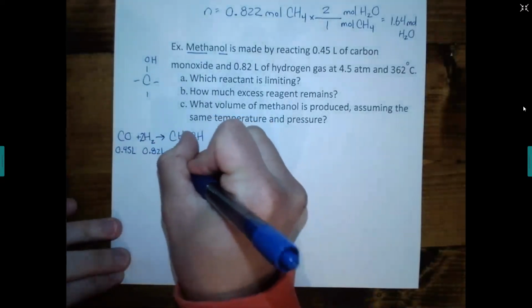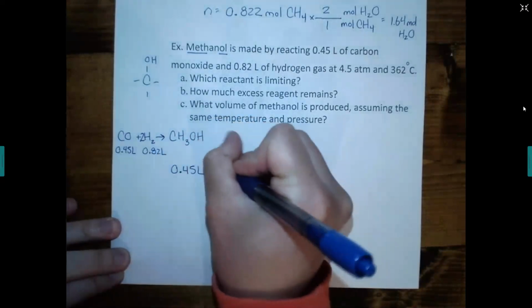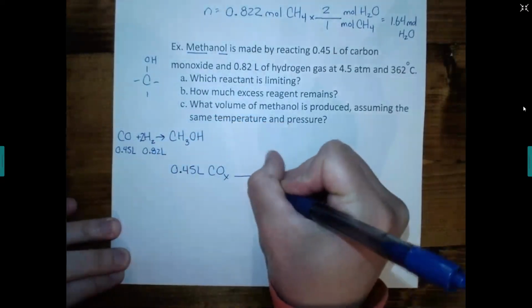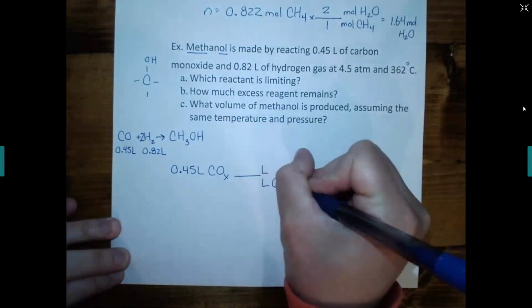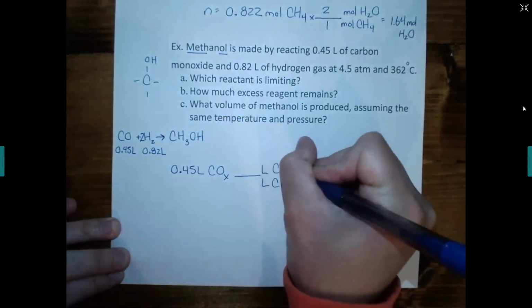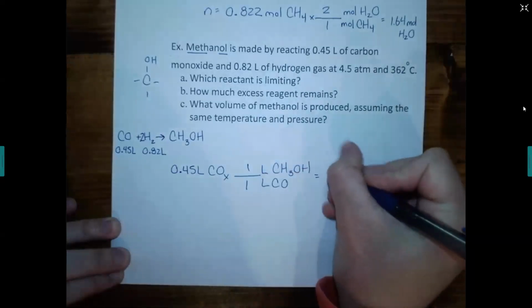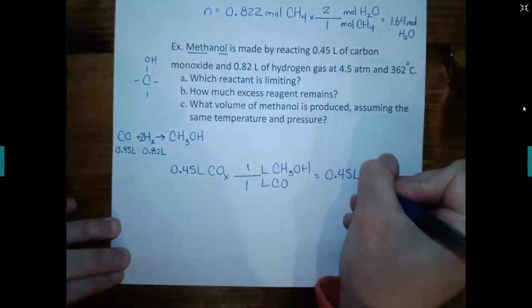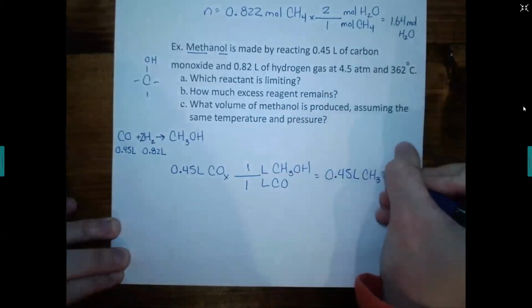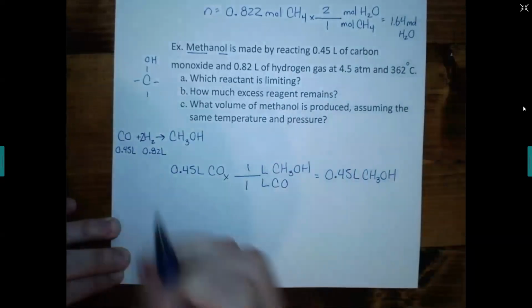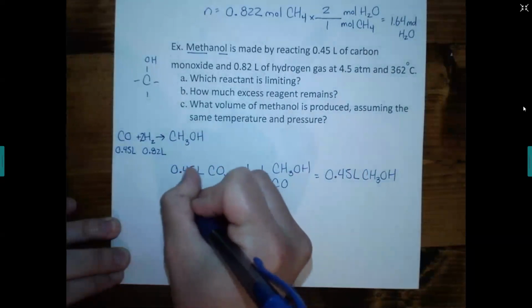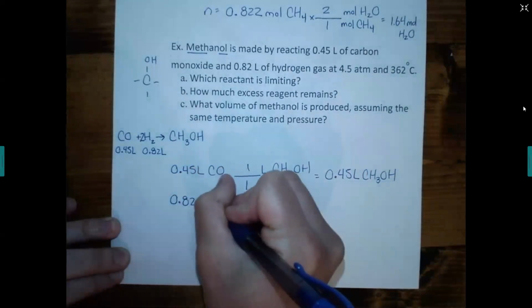So 0.45 liters of carbon monoxide. Liters goes on bottom. CO, CH3OH, and the ratio is 1:1. So I still get 0.45 liters. Do the same thing for your other reactant. 0.82 liters of hydrogen.